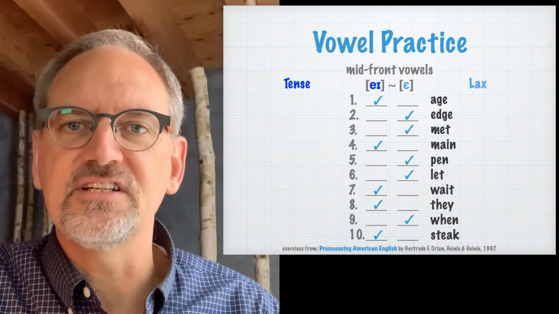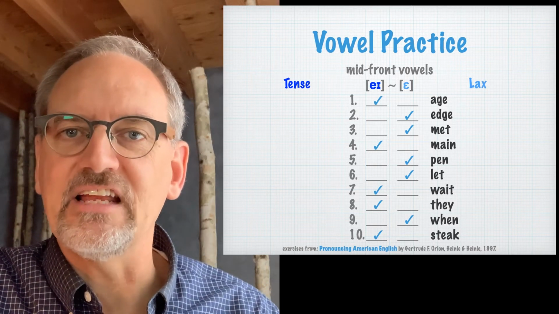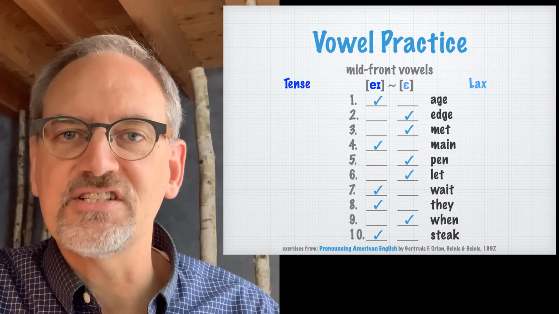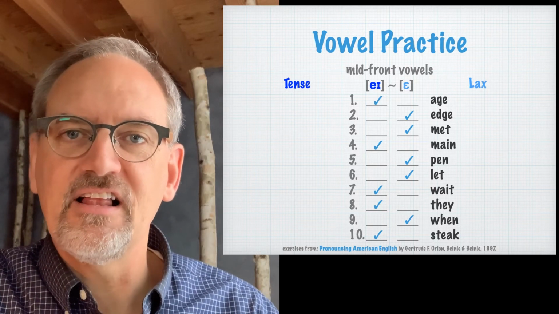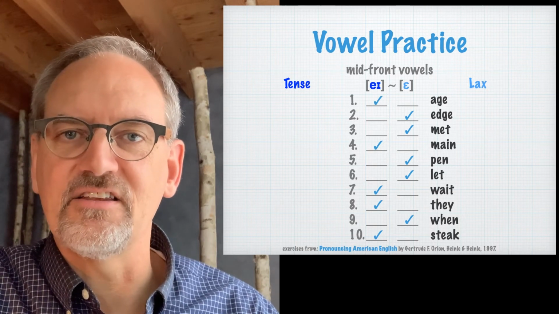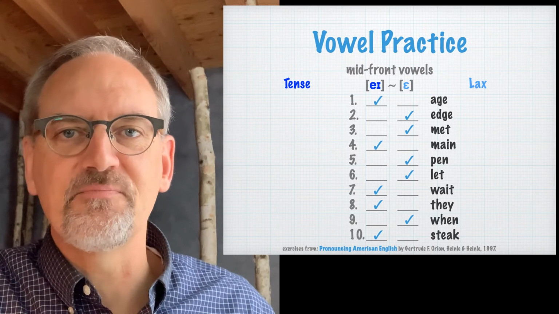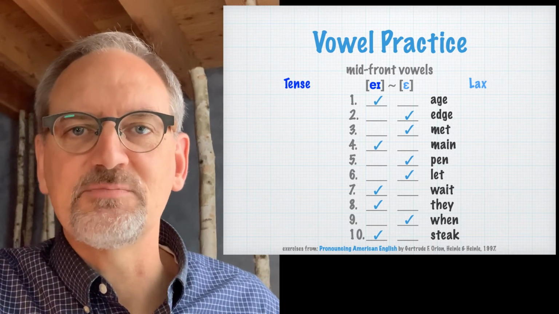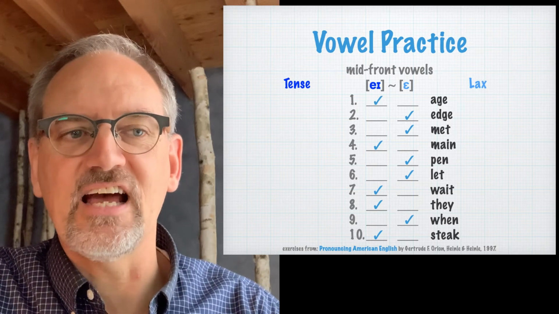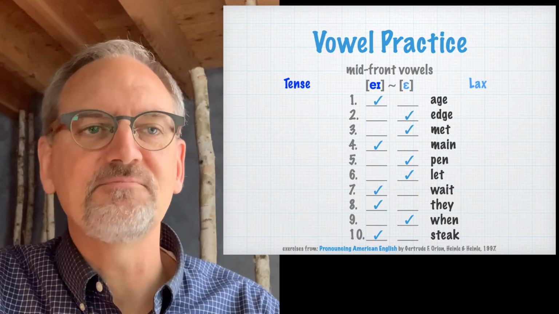The one exception is if a word ends in the letter E, like the word age. Although it's written with just the letter A by itself, that final E results in a lengthening, the tense pronunciation. We'll review the spelling regularities in a later lesson, but I thought you might notice that in this exercise.